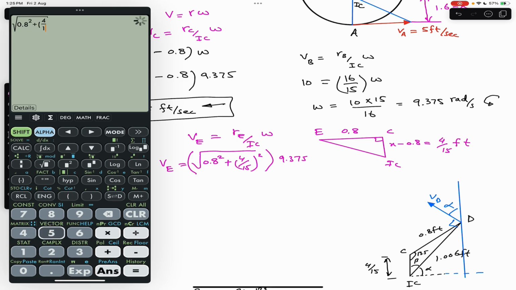So this gives us VE magnitude 7.906 feet per second. This is VE.